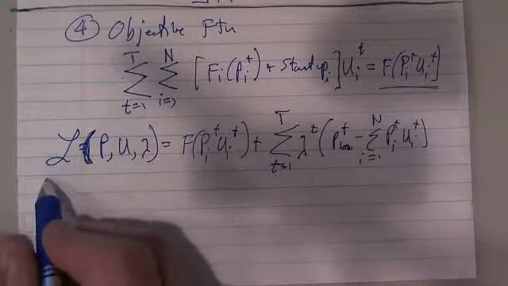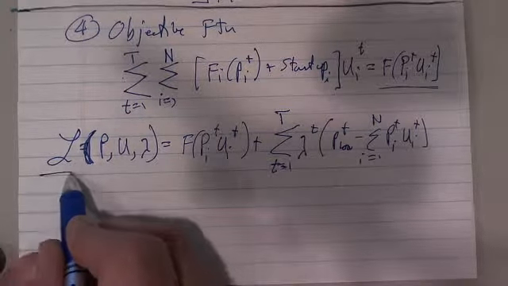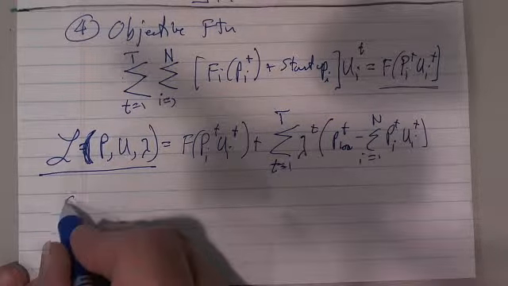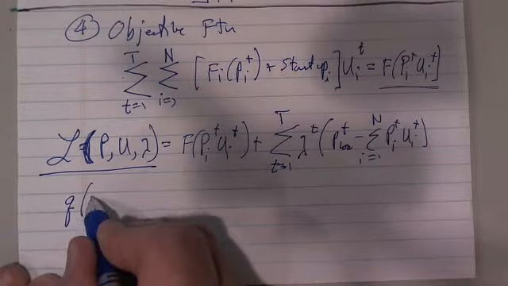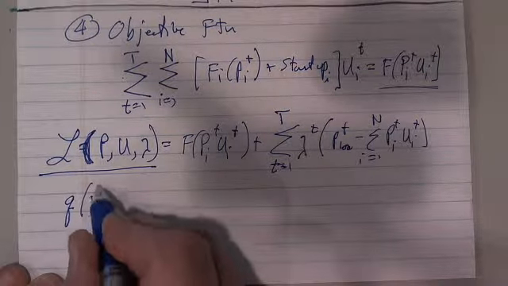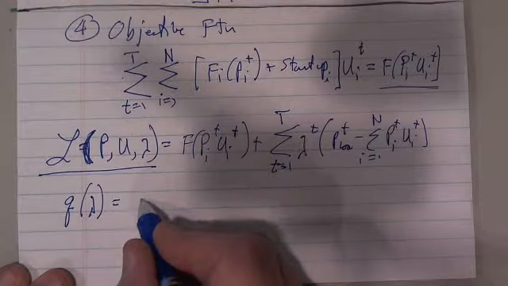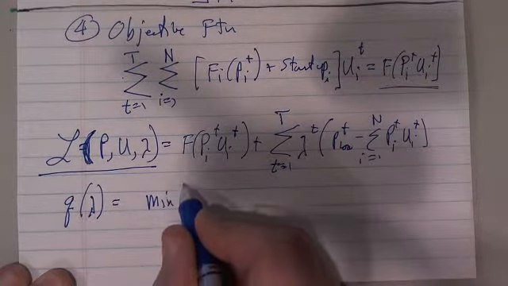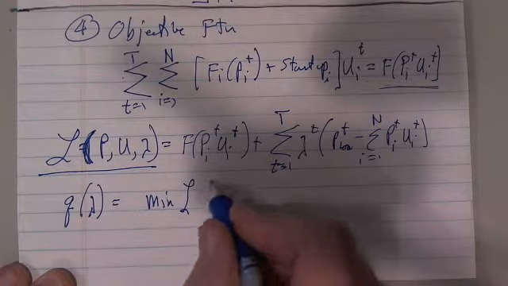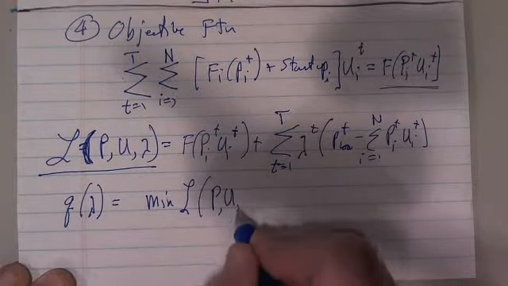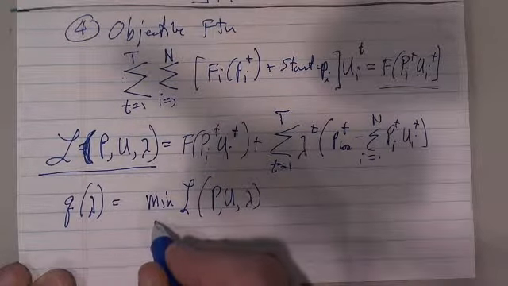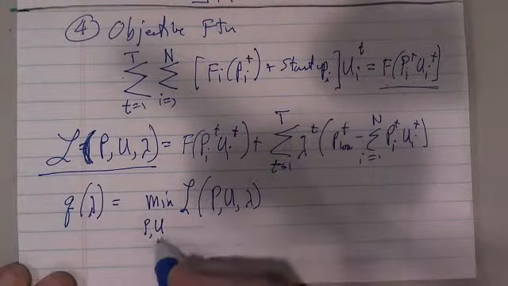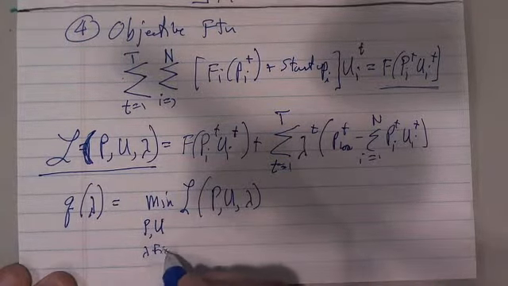But remember, this is L. Okay, this is L, and we're going to define a function Q of lambda, which is to say that function is the minimum value of the Lagrange function of P, U, lambda over P and U with lambda fixed.